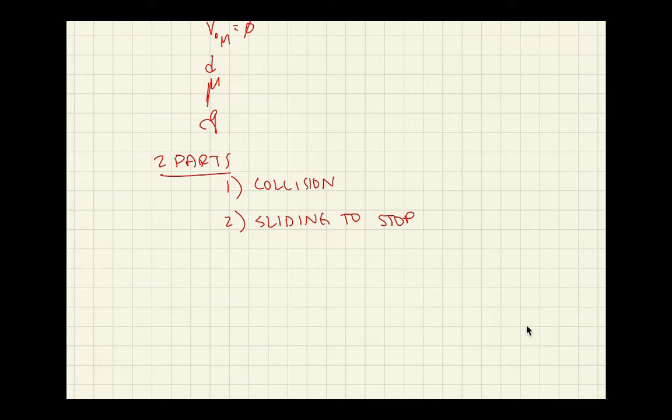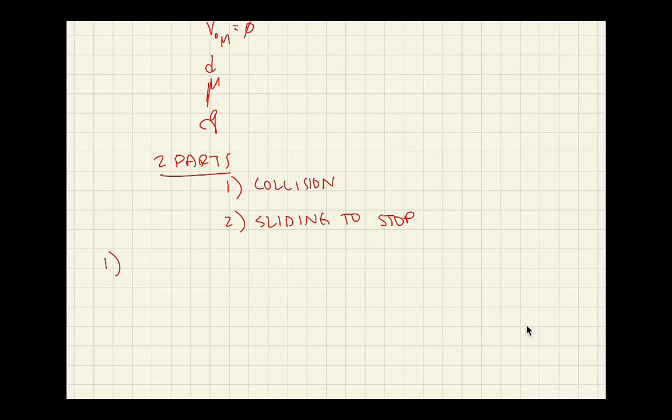And as before, we're going to need both parts of this problem in order to find an answer. The thing that we're looking for here, the initial velocity of the clay, is right at the beginning of part one. So what that implies is there's a good chance that I will have to start at the end of this problem and work backwards in order to find a solution. But we're going to start at the beginning anyway.